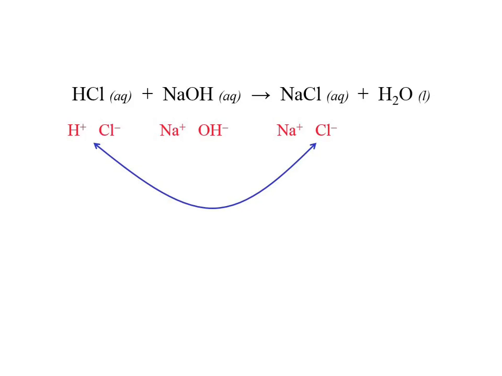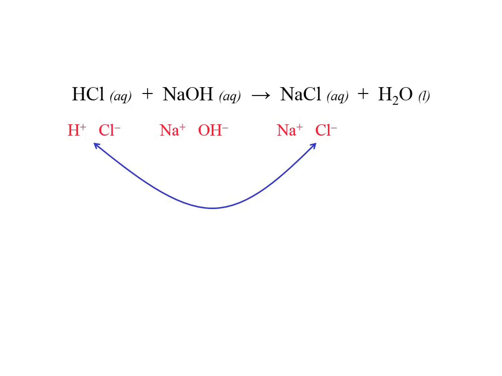So, for instance, knowing that HCl is going to break apart into H plus and Cl minus, sodium hydroxide is going to break apart into Na and OH minus, thus the AQ there. Your salt on the other side, NaCl, is going to also be broken up into Na and Cl.